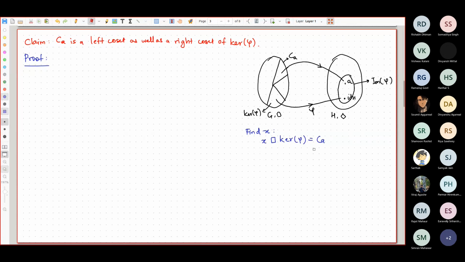Okay, so what x should we start out with? Remember, A lies in the image of phi. So what does that mean? A must have some pre-image.